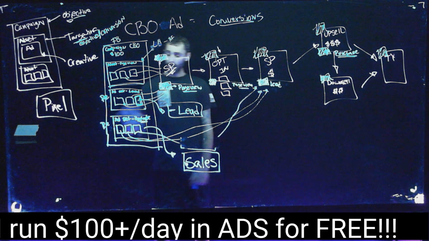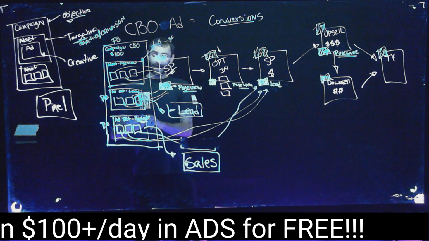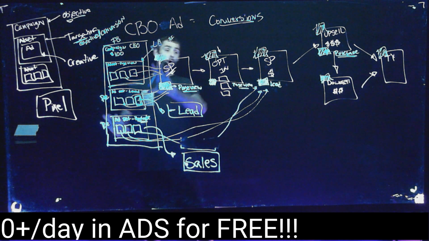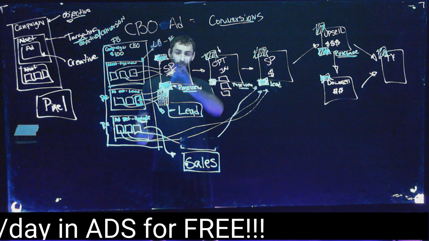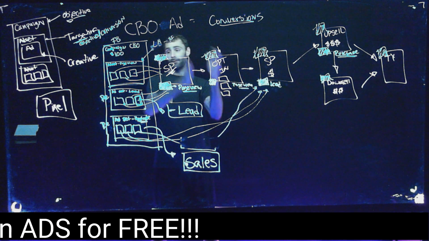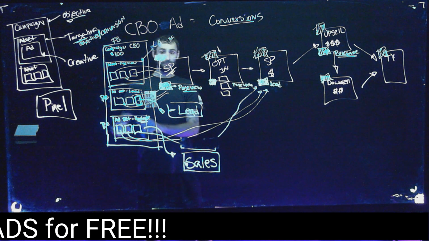Then I have a whole other ad set, and this ad set is optimized for purchases. Again, I'm retargeting only people who have come over here. The people coming from this ad, all that traffic I'm getting from Facebook, I'm retargeting those people right here.